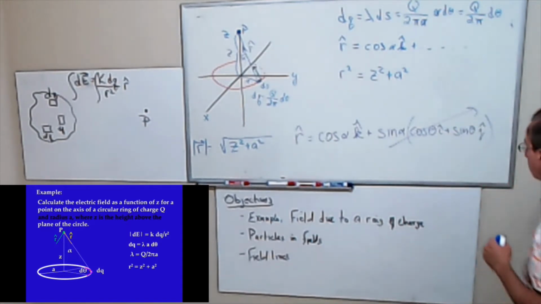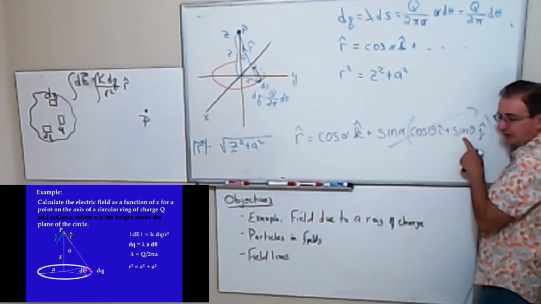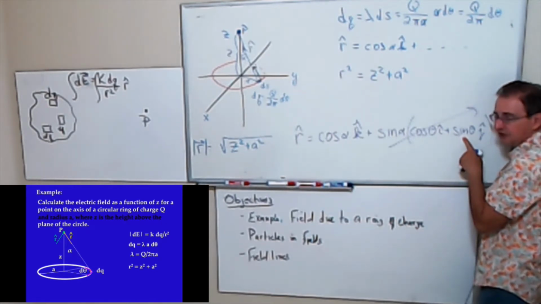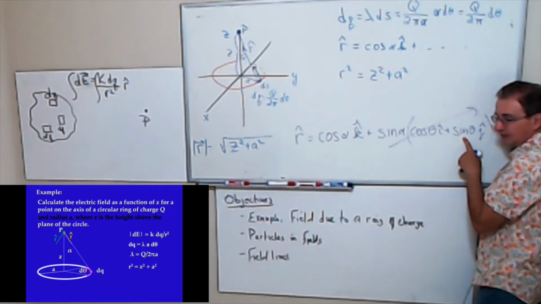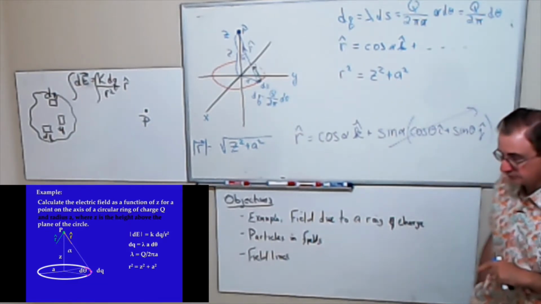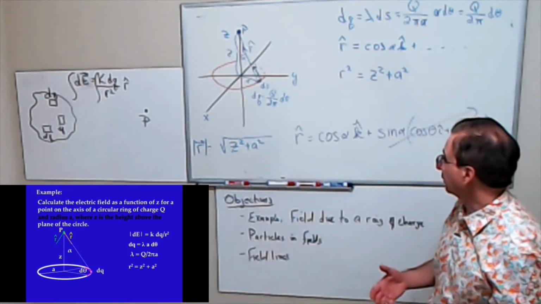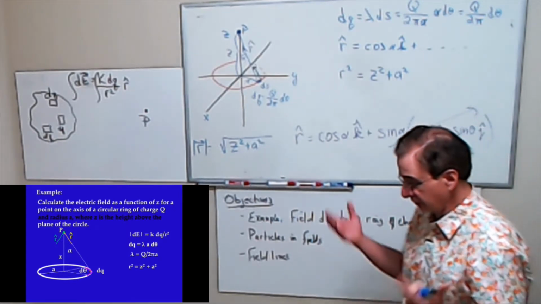Because when you integrate cosine theta from 0 to 2 pi, you get 0. You integrate sine of theta from 0 to 2 pi, you get 0. We're using symmetry arguments to say that only one part of the unit vector will survive the integration. And so what you're going to end up with is something in the k hat direction when you integrate, which is a unit vector.